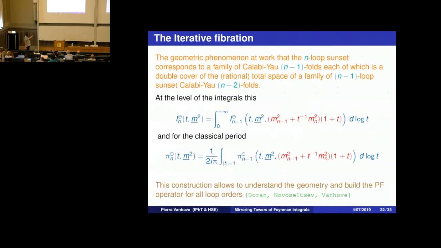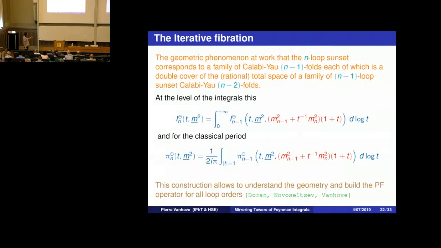The consequence is that we have a family of Calabi-Yau n minus 1 folds, which is going to be obtained from the previous one, the n minus 2 fold. So that means at the level of the Feynman integrals, there is this nice iterated integral representation. So the Feynman integral is obtained from the Feynman integral at the previous loop order, and then this is the fibration. T is my fibration parameter.